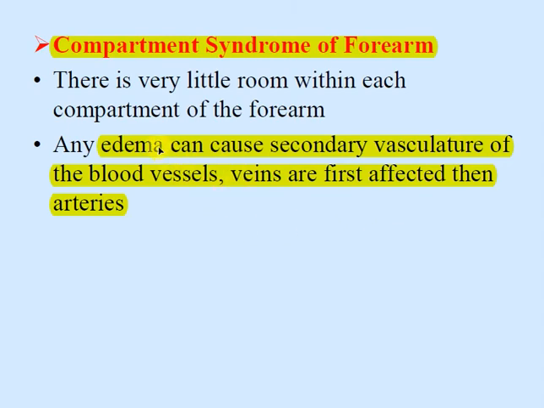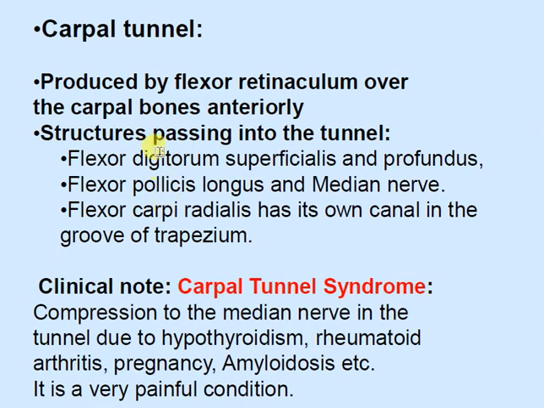Edema means accumulation of extracellular fluid, and as it accumulates it causes blood vessels to fail to pass blood properly. In this case the veins are affected first, then arteries. Why? Veins carry blood at low pressure, but arteries pump blood at high pressure, so it is very difficult for them to become affected. Also we have carpal tunnel syndrome.